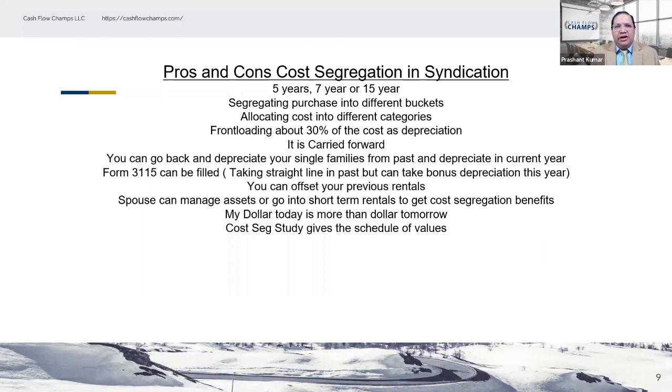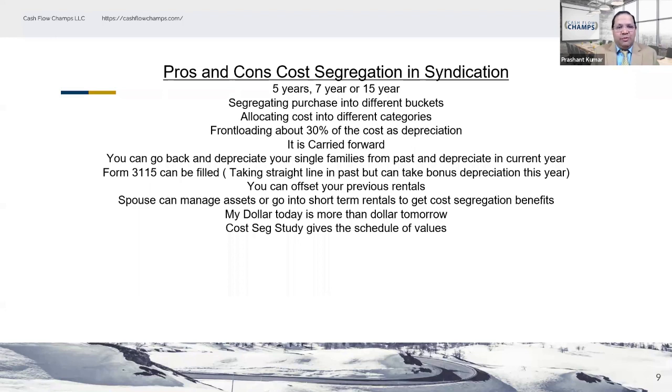So they are allocated in different buckets, and then that is brought back upfront. All that 5-year, 7-year, and 15-year category, personal property and land improvement, is brought upfront. We are front loading due to bonus depreciation. In general, that front loading is about 30% of the overall value of the asset.